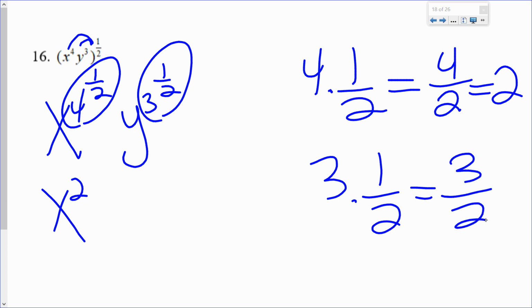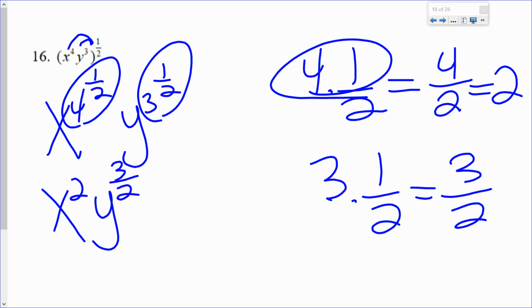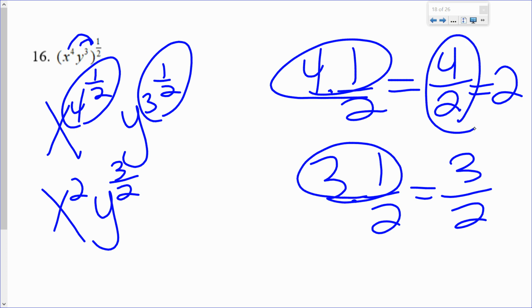And since 3 over 2 doesn't divide nicely, you would just leave it as 3 over 2. When you're multiplying by a fraction, just multiply the tops and then divide by the bottom. If it divides nicely, divide it. If it doesn't divide nicely, then leave it as is.